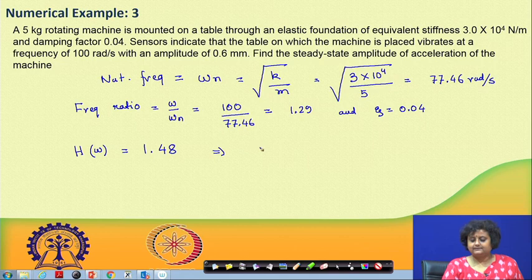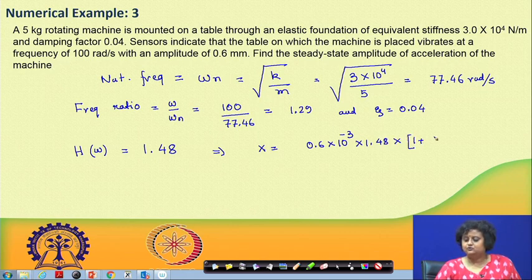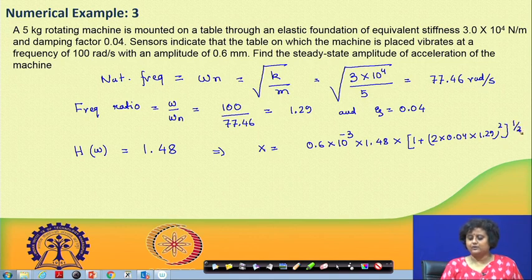Therefore, x is going to be 0.6 millimeter, that is 0.6 into 10 to the power minus 3, into 1.48, into the square root of 1 plus (2 into 0.04 into 1.29) whole squared.